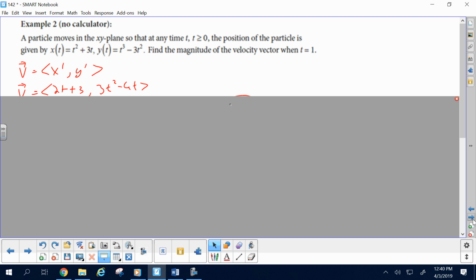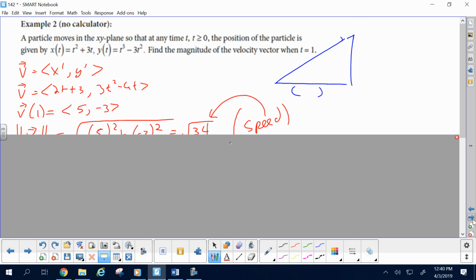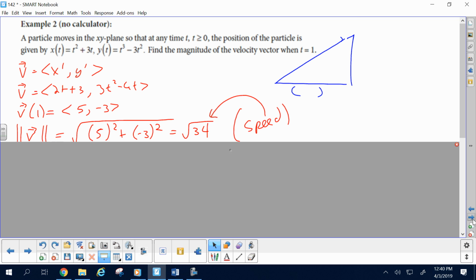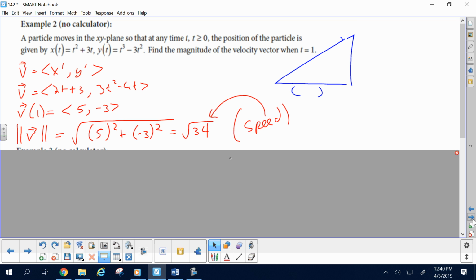Now, I don't want to do a gross algebraic hypotenuse. In other words, I'm not going to do the hypotenuse with variables, then put in numbers. You want to put in numbers first and then do the hypotenuse, right? So with 1 in, you get a horizontal component of 5 and a vertical of -3, and therefore the hypotenuse of that, which you would write that way, the magnitude, with double bars, is the root of 34, which would also denote the speed at that instant. You follow? Does that make sense?